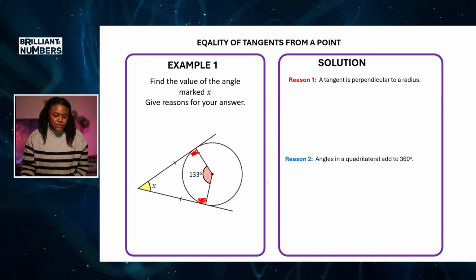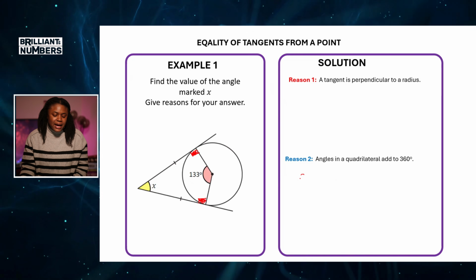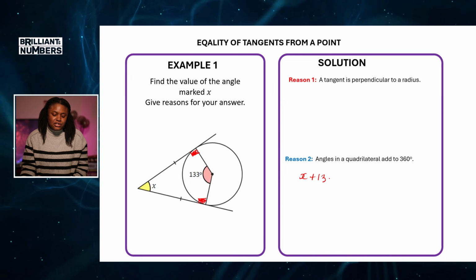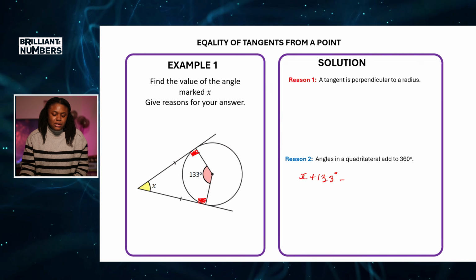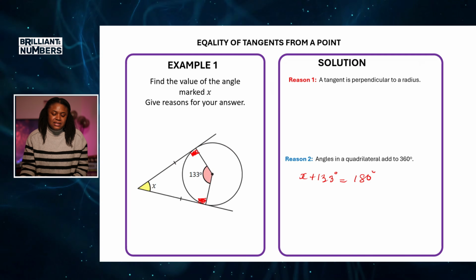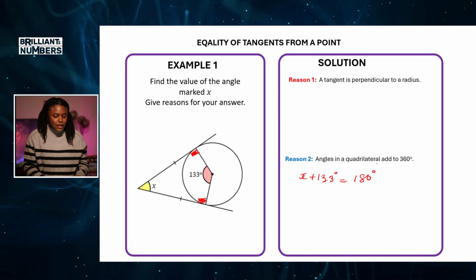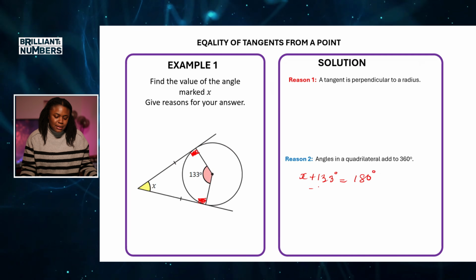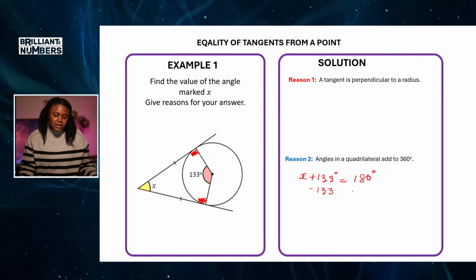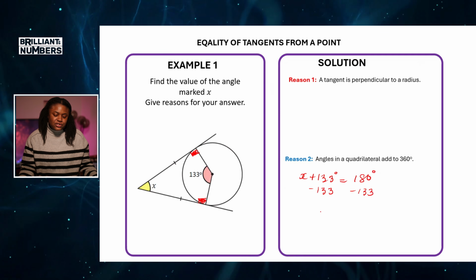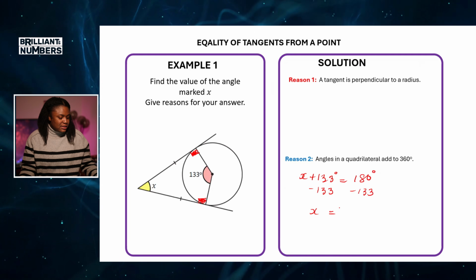So I'm going to take that simpler route. So X plus 133 degrees should be equal to 180 degrees. So now I just need to do subtracting 133 from both sides of my equation. And I'm just going to put that in my calculator.